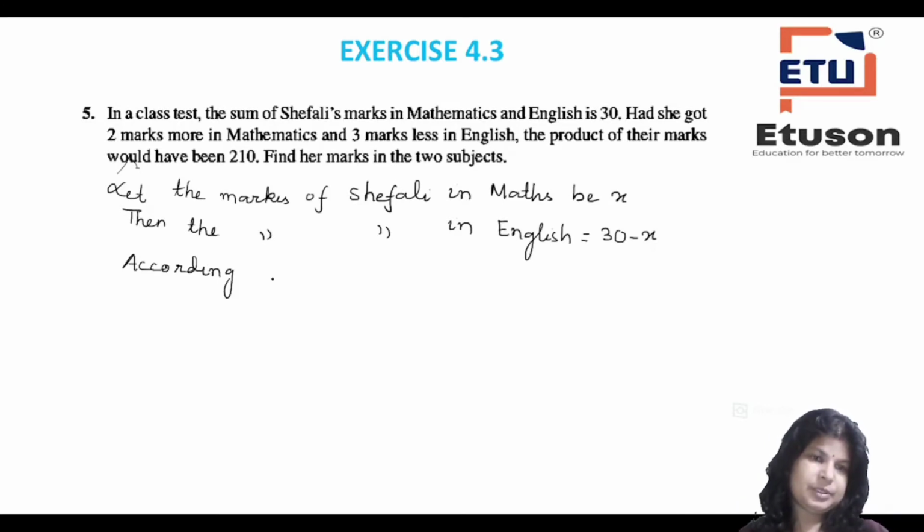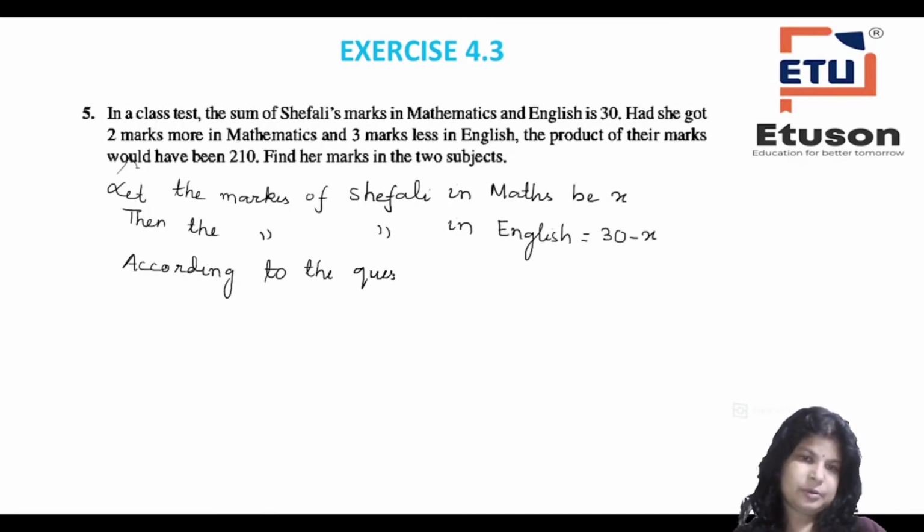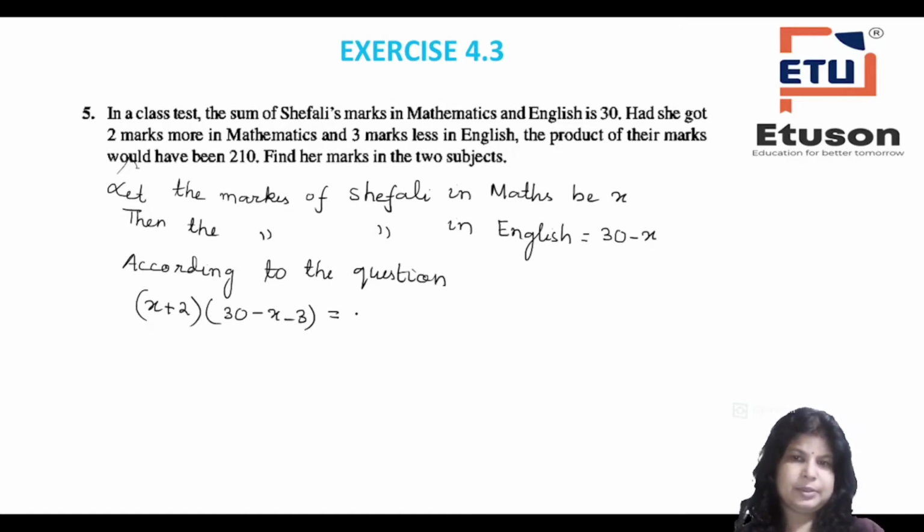According to the question, you have (x plus 2) into (30 minus x minus 3) is equal to how much? It is 210. Product of their marks, it is 210.